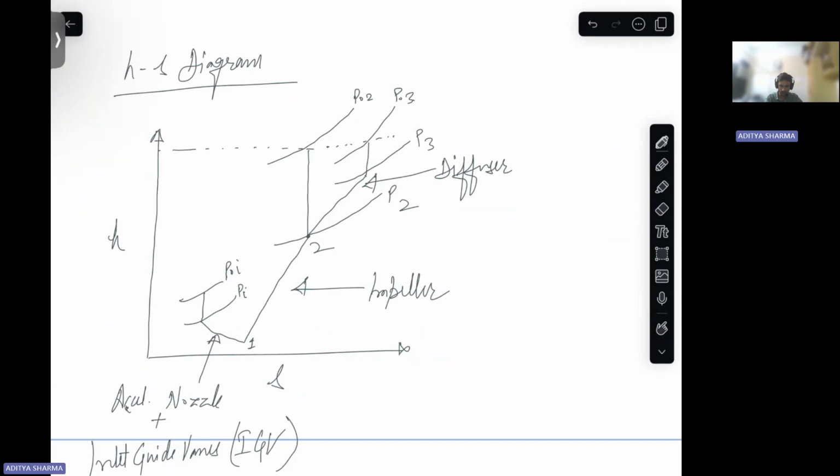We are accelerating flow through a nozzle, and also we are using guide vanes to guide the flow into the centrifugal compressor.